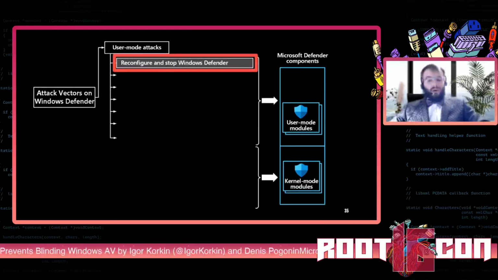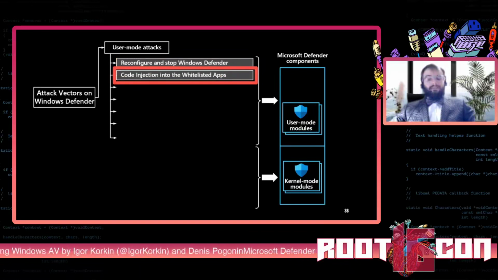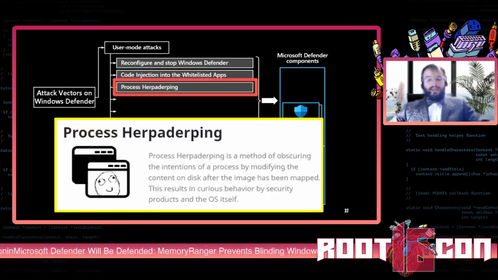Attackers can implant the code into the whitelisted processes, for example, to access Internet without any obstacles. Attackers can confuse Microsoft Defender by modifying the file's content on the disk after the image has been mapped.